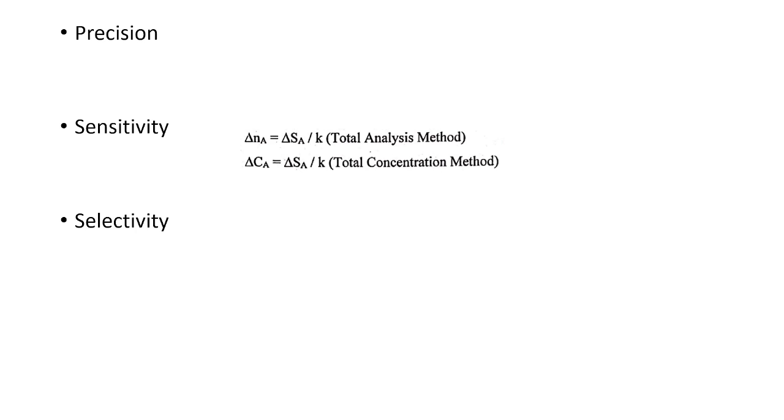The next is selectivity. Selectivity is different from sensitivity, and it is very important. For example, as I told in the last lecture, suppose you are given an alloy of iron, copper, zinc, and chromium.